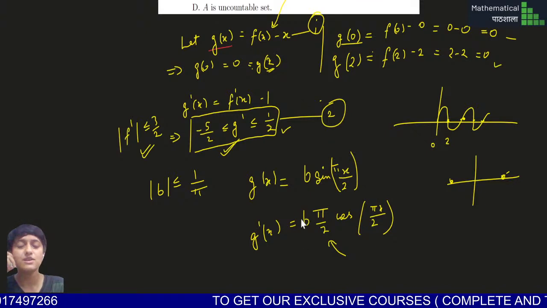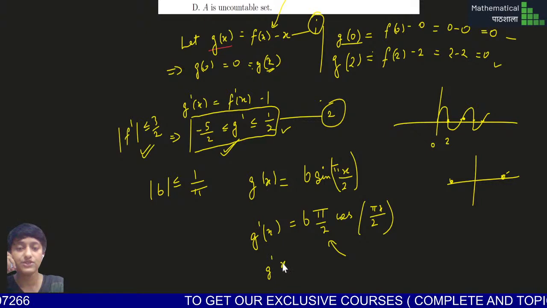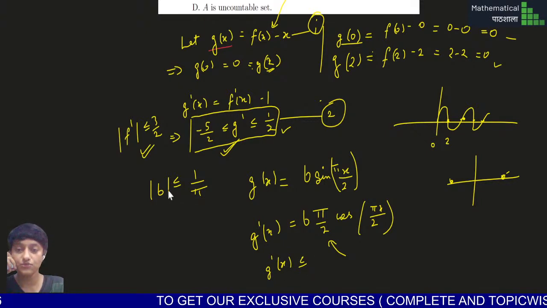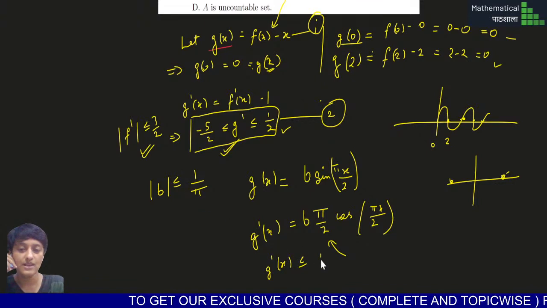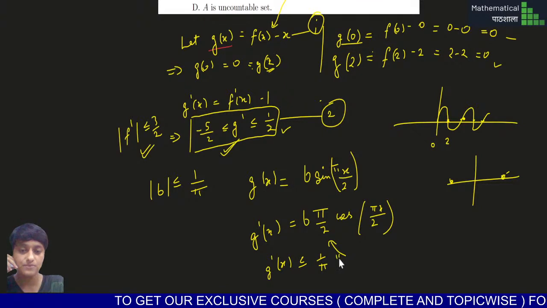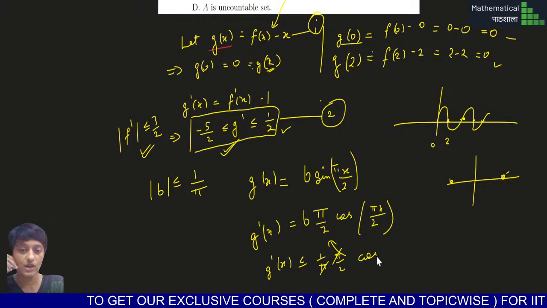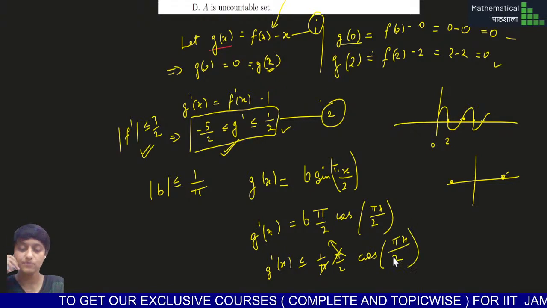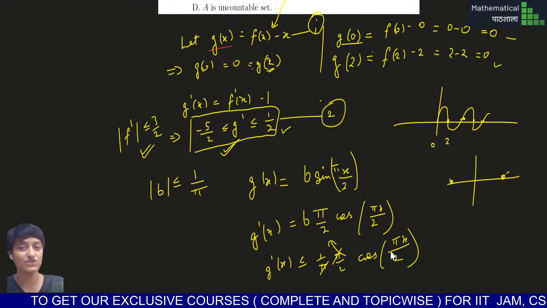So when we substitute the value of b here, what will we get? We will get that |g'(x)| is less than or equal to 1/π times π/2, which will eventually cancel out, times |cos(πx/2)|. Note one more thing, that cos θ lies between -1 and +1.